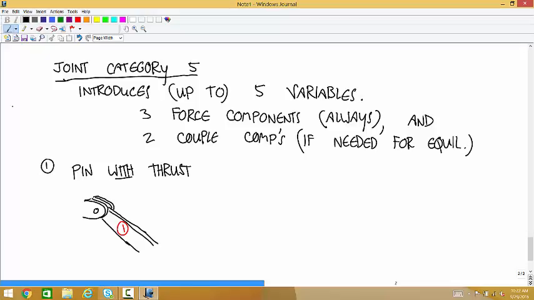So that's what this is. So this is a pin joint with thrust. So the one without thrust was free to move along its axis of rotation. This one can't translate because it has the flange on each side that prevents that. Okay, so it can rotate this way, but it can't translate in any direction now, and it can't rotate towards you, and it can't rotate this way.